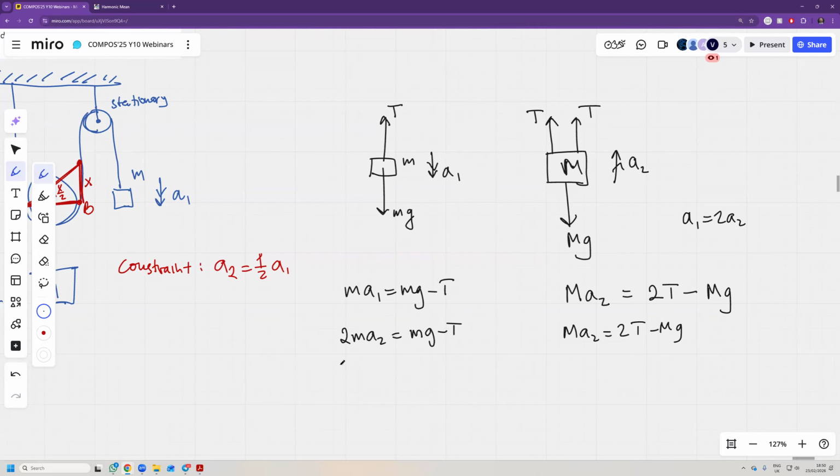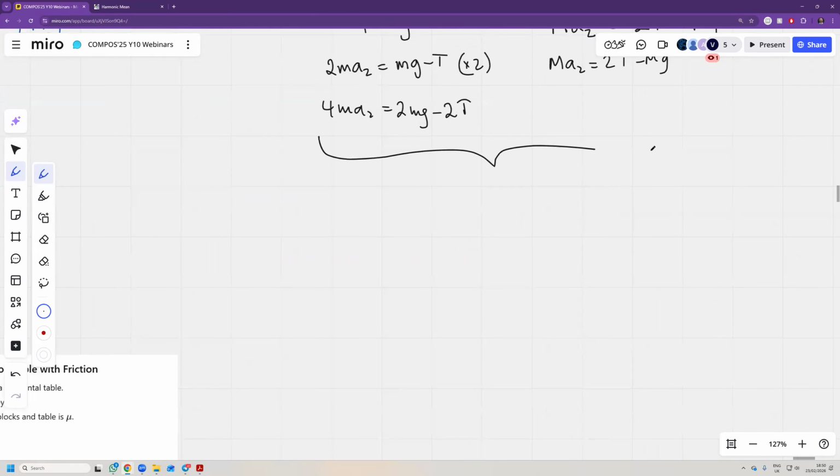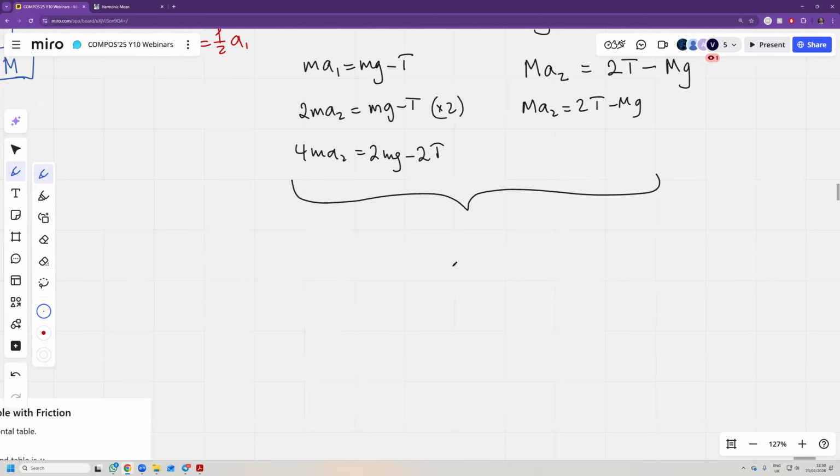Let's multiply the first by 2. So we get 4m a2 equals 2mg minus 2T. And then we add the two equations and we get M a2 plus 4m a2 equals 2mg minus Mg.